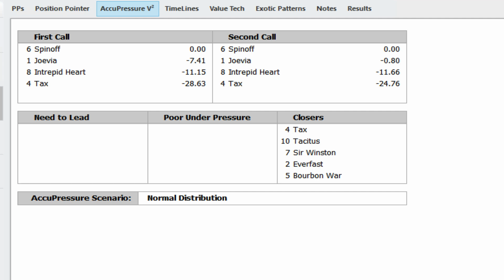It shows Spin-Off may have an advantage based on its velocity. And they're both there at the second call with Intrepid Heart and maybe Tax, so Tax is way back there. And then we have a bunch of closers. Tax, Tacitus, Sir Winston, Everfast, Bourbon War.